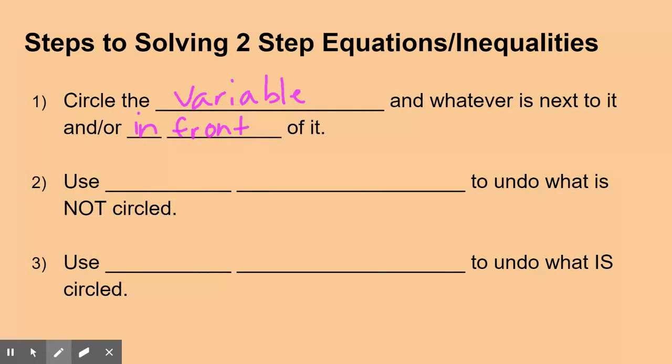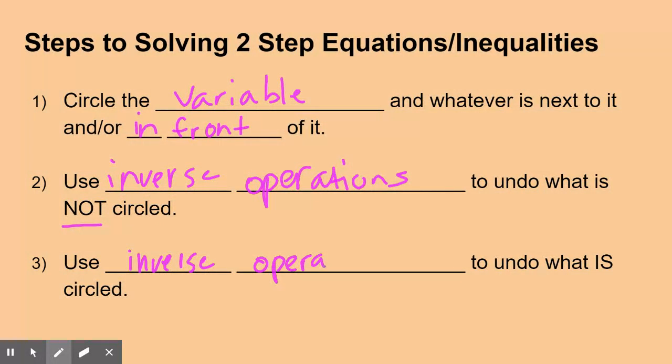The second step is we're going to use inverse operations to undo what is not circled. And in step 3, we will use inverse operations to undo what is circled.